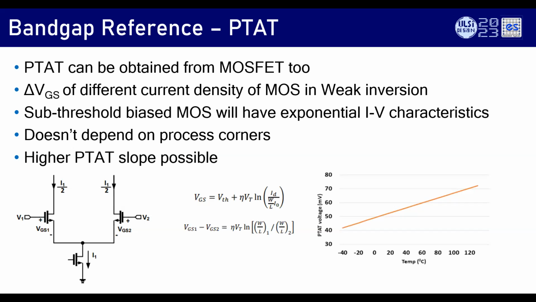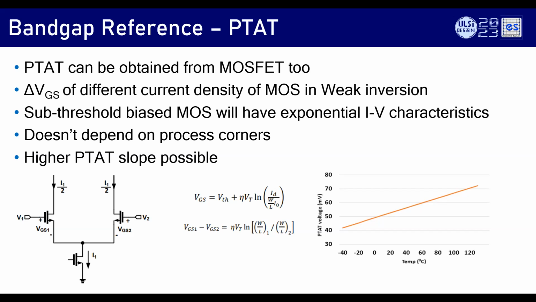Okay. Now another way is, hey, look, why not generate a PTAT using MOSFETs? Yes. In ISSCC 2009, it was done by Twente University in the Netherlands. What they did was take two MOSFETs and put them in the subthreshold region. The moment you put them in subthreshold region, current flows in the center of the device. It doesn't flow at the surface. The current equations become very close to BJT equations. And then you take VGS1 minus VGS2.